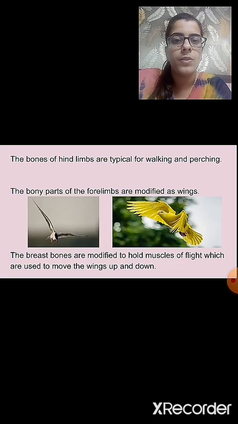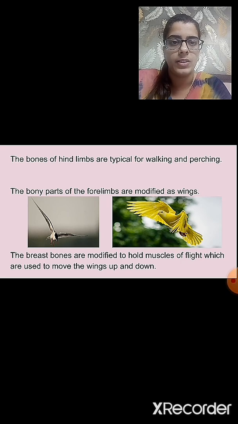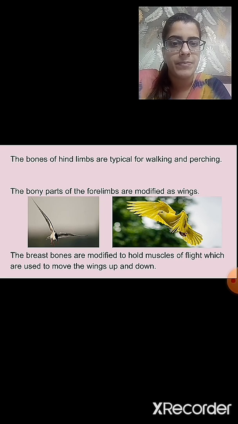The bones of the hind limbs are typical for walking and perching, that is, they can rest or sit on them. The bony parts of the forelimbs are modified as wings, due to which they can fly.